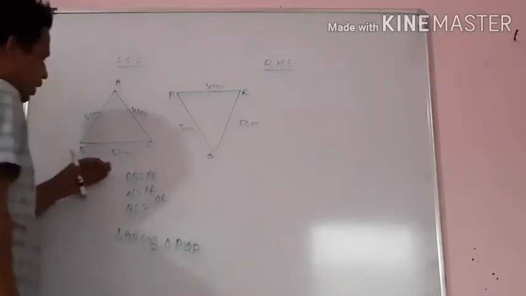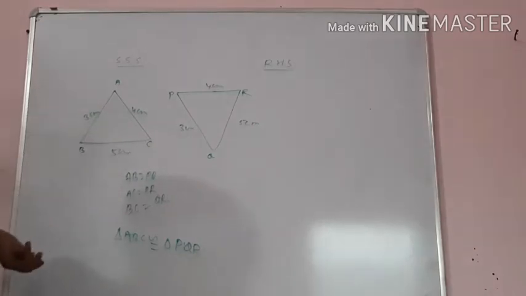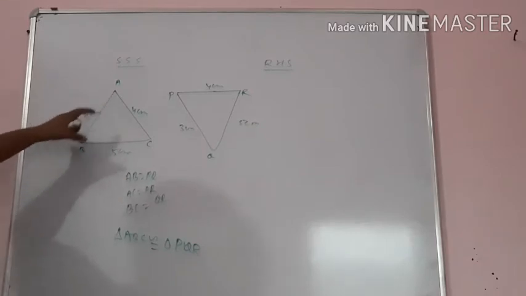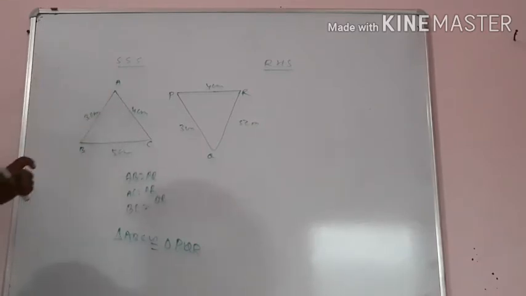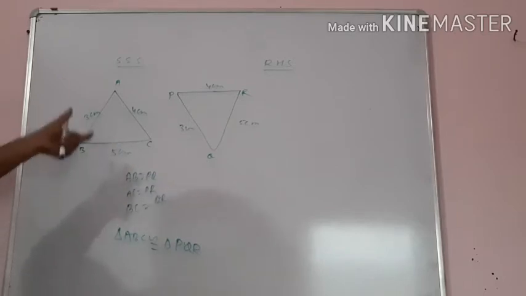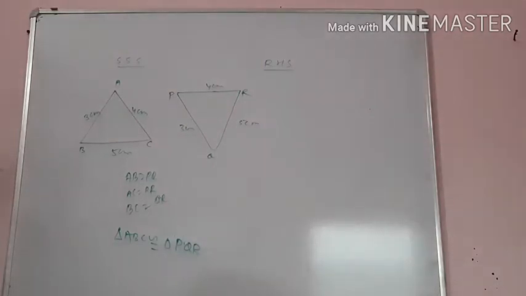Here we have taken all three sides. How are we comparing here? We are comparing by taking the side lengths of each and every triangle. So here we are taking all three sides. That's why this theorem is known as triple S, that is side, side, side.